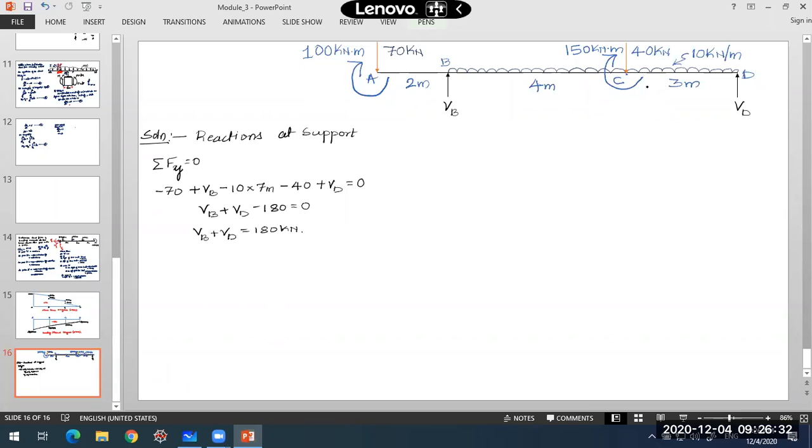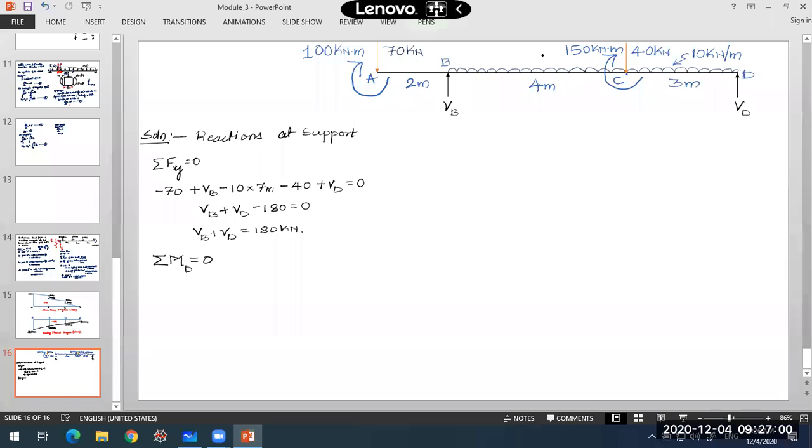Now I'll consider moment about point D. I'll consider moment of all forces about point D and equate them to 0 to satisfy one more condition of equilibrium, which is summation of moments equal to 0. When I take about point D, all clockwise moments I'll take to be positive, anti-clockwise moments I'll take to be negative.